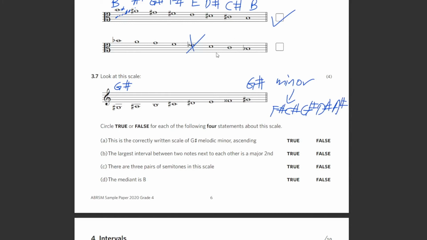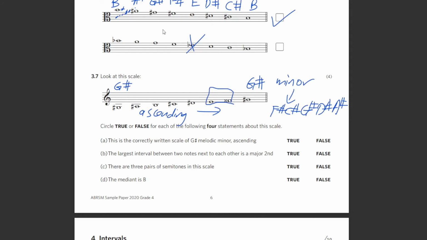So I know that this is ascending, and it is a minor key. So it can be harmonic, it can be melodic. Let's first look at what the question asks. This is the correctly written scale of G sharp melodic minor ascending. So we know that for melodic, we need to do something to the 6th and the 7th note. We need to sharpen them.